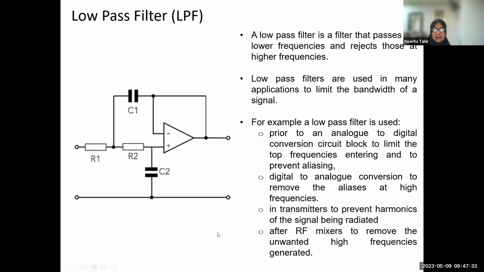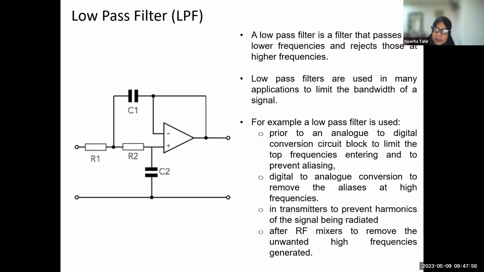When we say low pass filter, what does it do? It allows low frequencies to go through and does not allow higher frequencies to get through. That is the meaning of low pass filter.